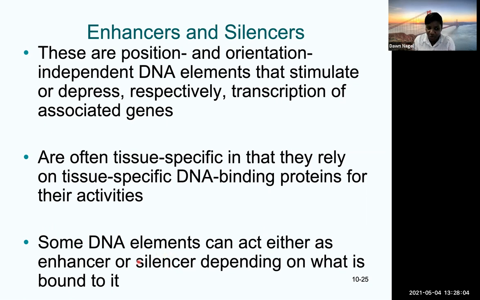If it's an activator protein, then that element can serve as an activator. If it's a repressor bound to that element, then it can serve as a silencer. So you can have a single element, but which protein it recruits will determine whether that element acts as an activator or a silencer.